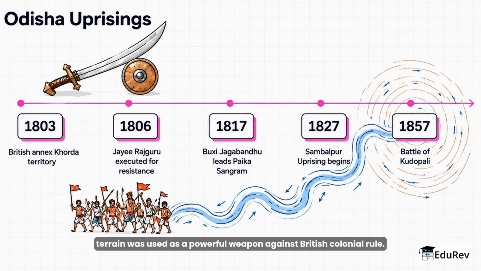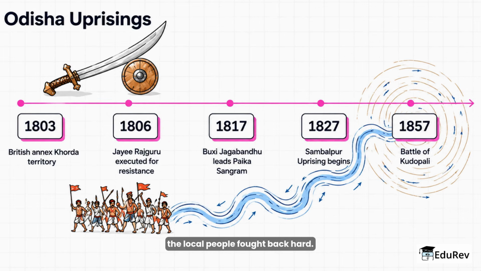against British colonial rule. When the British began aggressively annexing territories in 1803 and stripping away traditional lands, the local people fought back hard. The Pika Sangram in 1817, led by Buxi Jagabandhu, was a massive people's movement, uniting peasants and local elites.